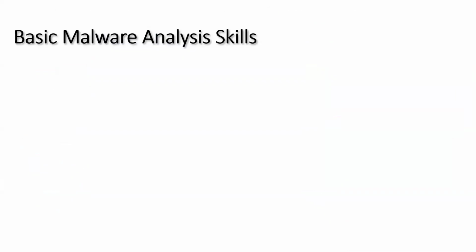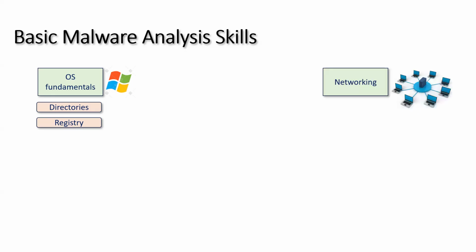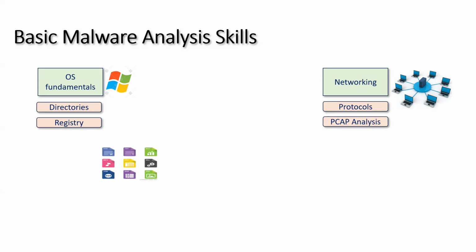So let us talk about what are the basic malware analysis skills. Basic malware analysis skills includes OS fundamentals, like the analyst should know about the directories, the registry, or other configurations in the operating system. They should have knowledge about networking, like the networking protocols. They should be able to analyze PCAPs.